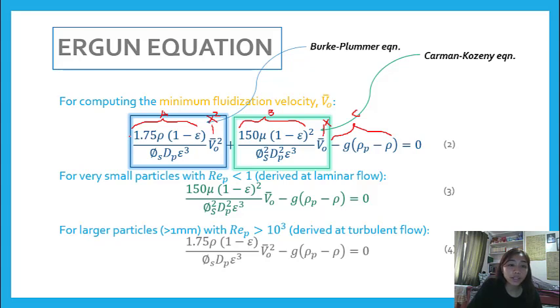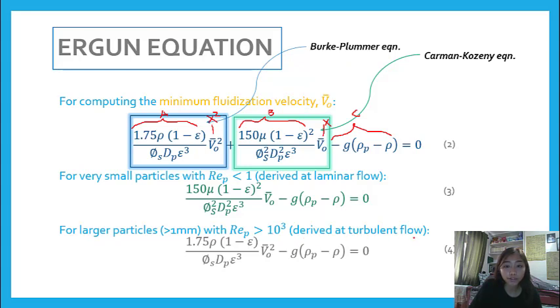And when do we use this Burke-Plummer equation? It can be used for larger particles, greater than 1 millimeter, with a Reynolds number greater than 1,000. So this equation is actually derived for turbulent flow.